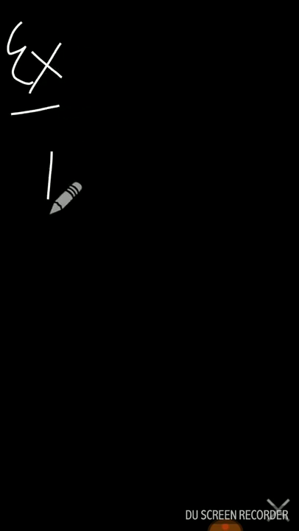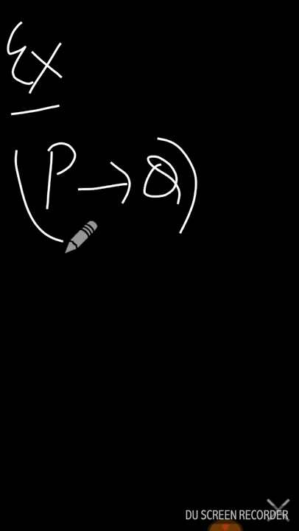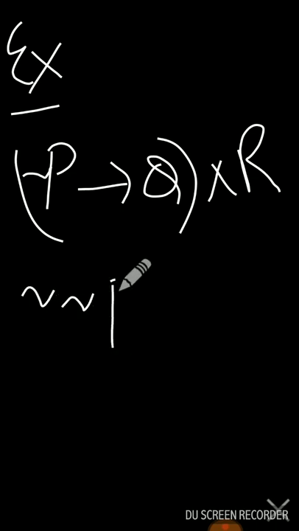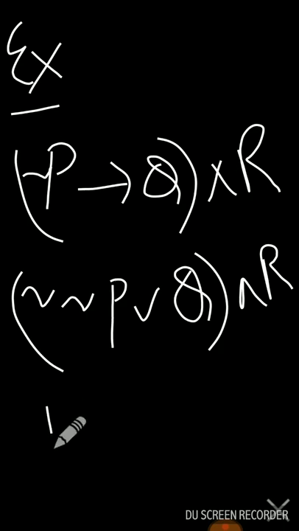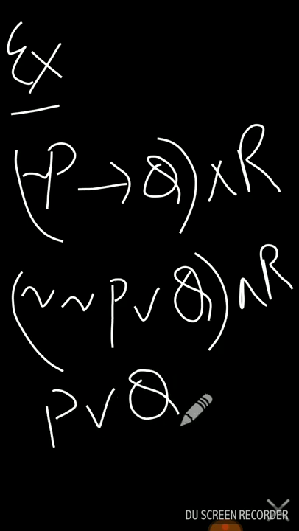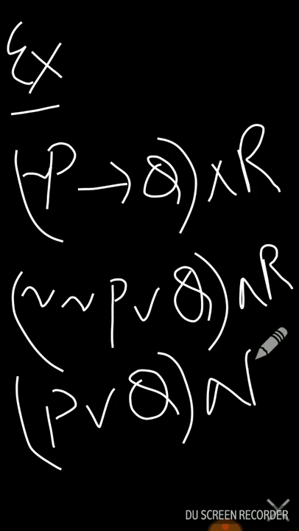Suppose one more example we can consider. Suppose you have P, okay, and suppose here is negation of P, and so what we can do, the negation of P, Q, and this is R. So what we will get, okay, so we can write it like this.